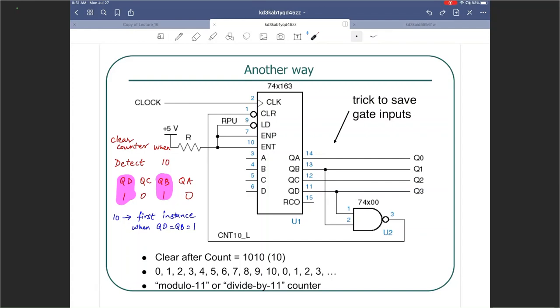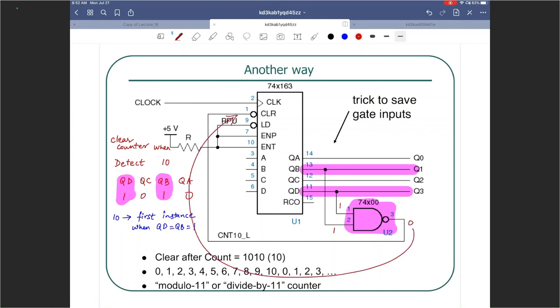So you take QB, you see that? You take QB and you take QD and go through a NAND gate, because that is going to take in 2 1s at that time and give you a 0, which is used to clear the counter.